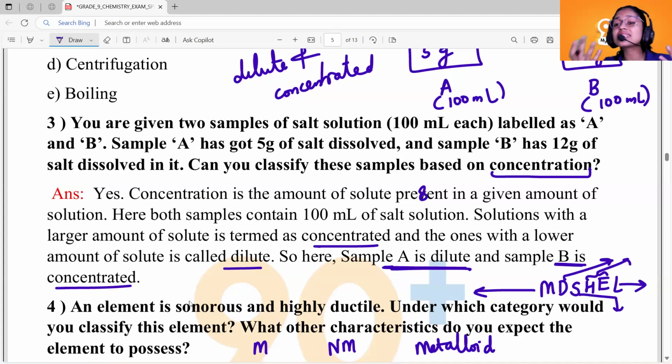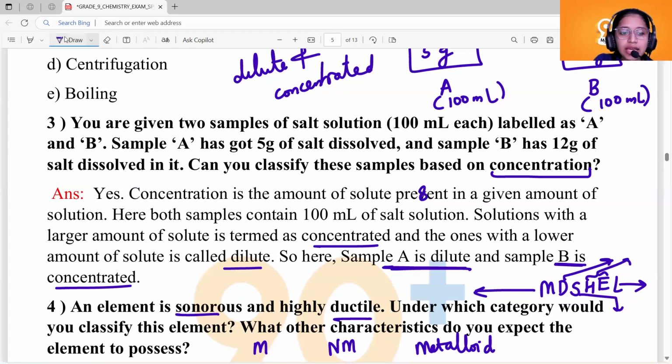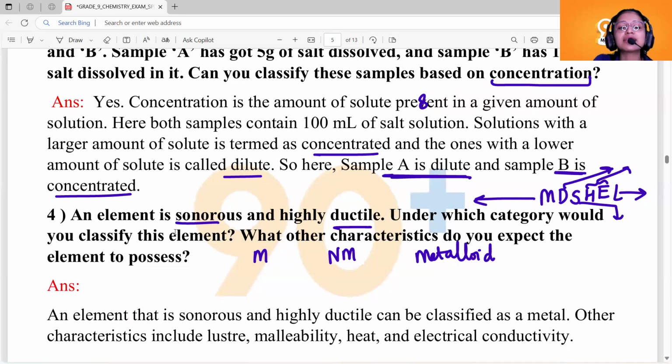What other characteristics do you expect the element to possess? So here we have said that it is sonorous and ductile. What about the other properties? It is malleable, that is, it can be turned into thin sheets by applying force. It conducts heat and electricity, that is, it allows heat and electricity to pass through it. It is lustrous, meaning it has a shiny surface. An element that is sonorous and highly ductile can be classified as a metal.